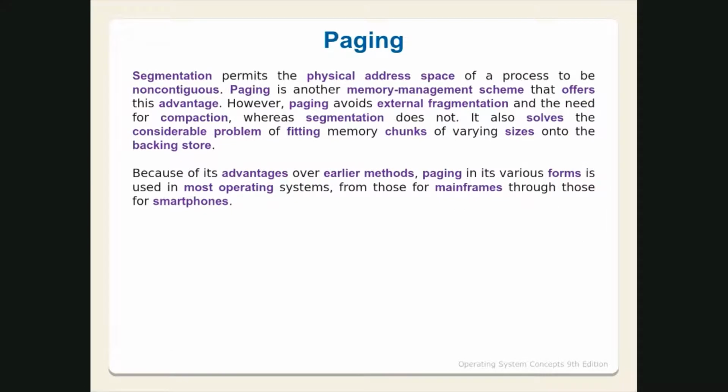Here comes paging. I told you there is a solution for external fragmentation, which is to allow the logical address space to be non-contiguous. To achieve this solution, we have two techniques, segmentation and paging. So now we are going to talk about paging. Segmentation permits the address space to be non-contiguous.